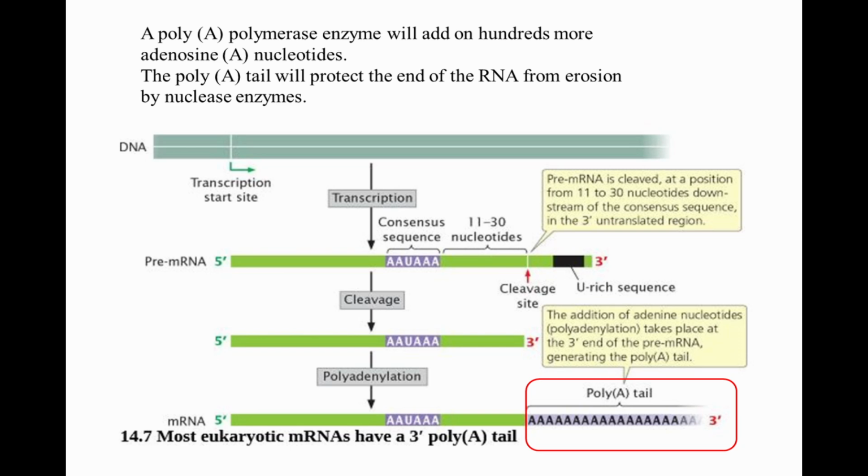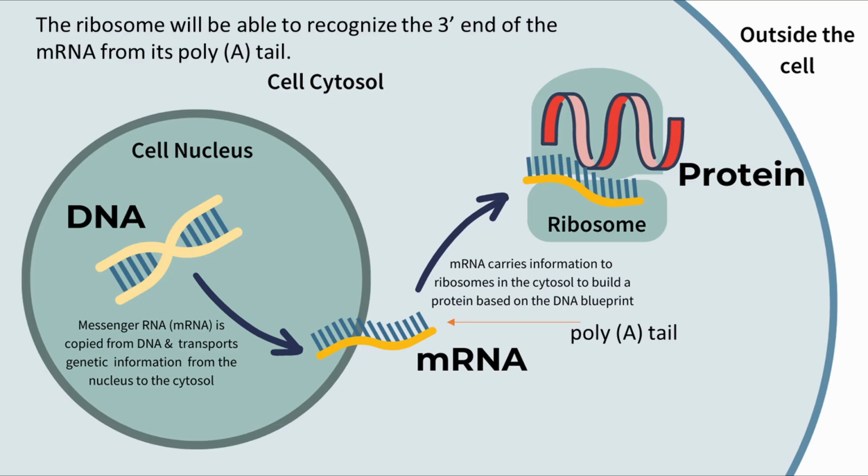The extra A's at the 3' OH end of the pre-mRNA are called the poly-A tail. The poly-A tail will protect the end of the RNA from erosion by nuclease enzymes. The poly-A tail will help carry the RNA from the nucleus out through a nuclear pore and then to a ribosome. The ribosome will be able to recognize the 3' end of the mRNA from its poly-A tail.